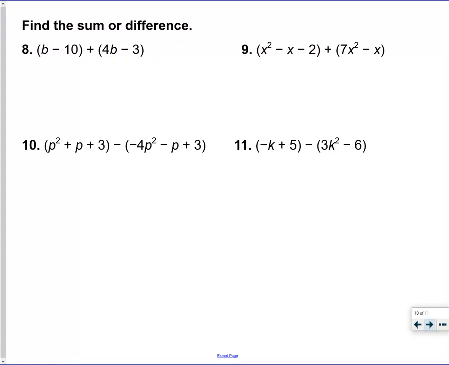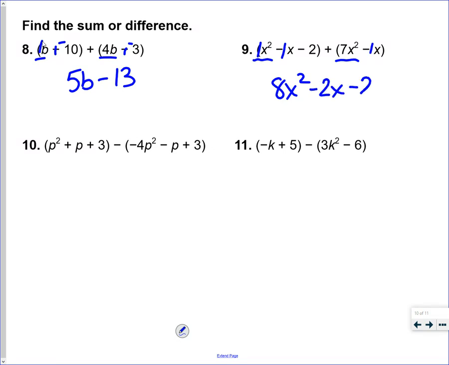These last 4 problems, I'm just going to kind of speed through just so that you can see them, but I'm going to try to go as quickly as I can so that I can kind of keep this shorter. 1b plus 4b would be 5b, and then negative 10 and negative 3 is going to be negative 13. My x squareds would give me 8x squared. Negative 1x and another negative 1x would be minus 2x, and then I also have a minus 2 at the end.